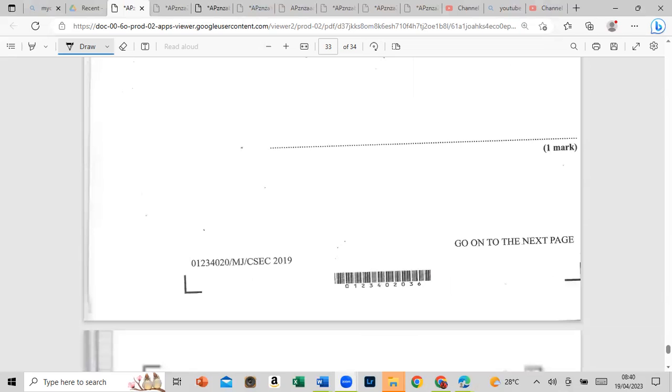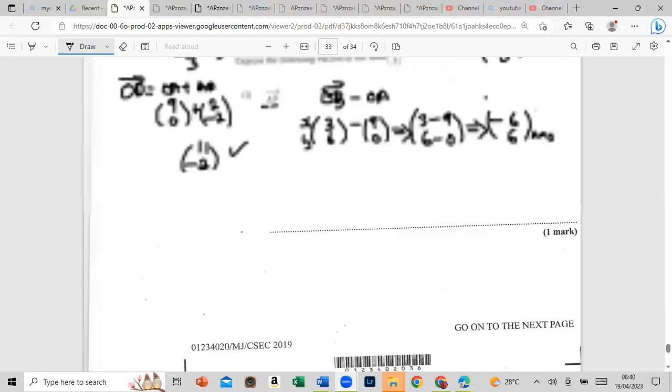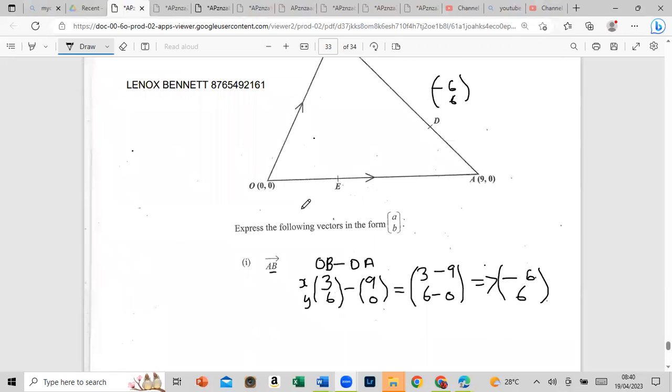Computer lagging a bit. They ask us to find from O to D. So let's go back up. We need to find from O to D. So this would be the vector that they're asking us to find. Which route can we take?